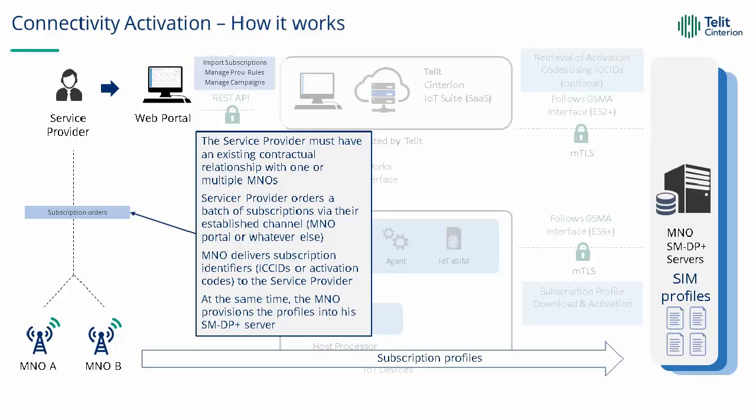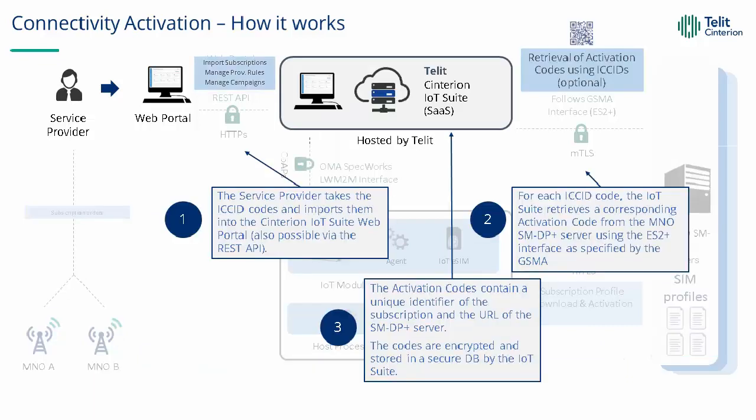Then you use the web portal to load those profiles into the Cinterion IoT Suite platform, and meanwhile the MNO will get those SIM profiles ready on their SM-DP+ server. The next step on your side is you turn on the device, get everything ready on the device side, and manage all those activation codes on the platform.